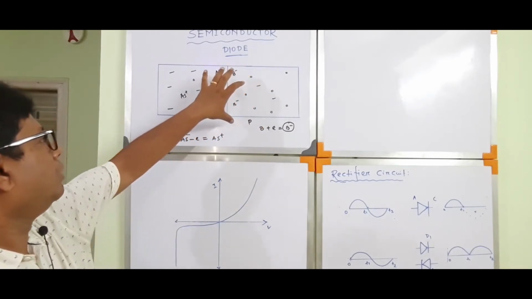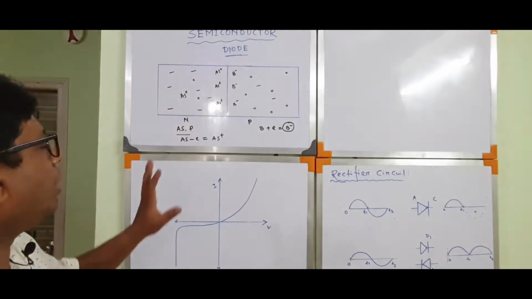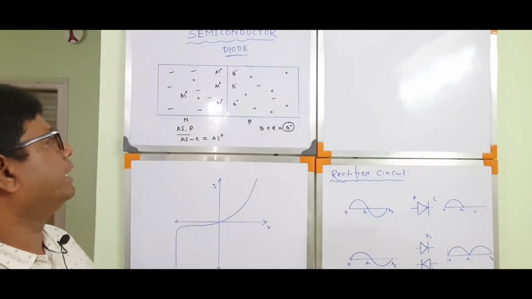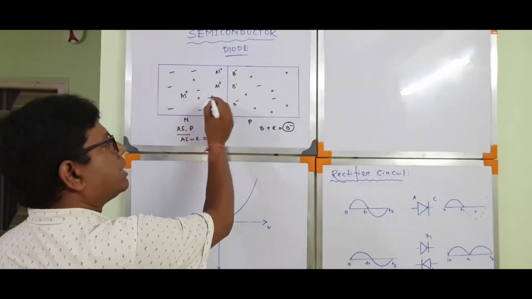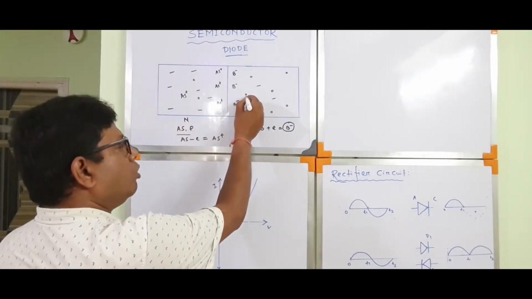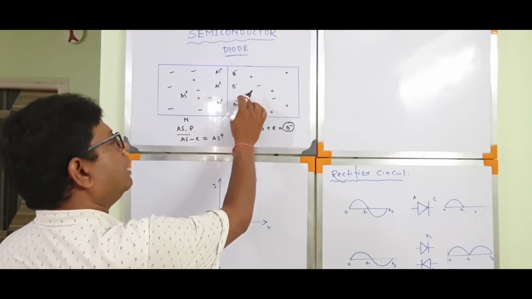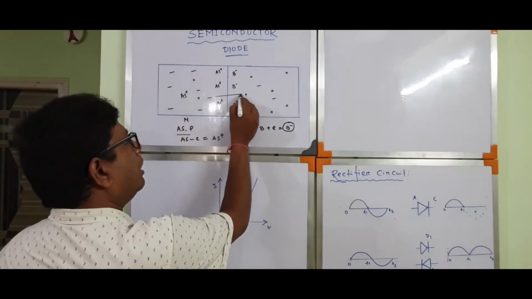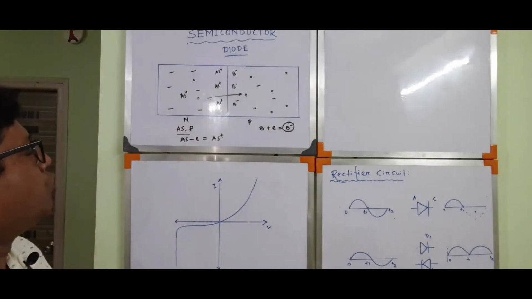If you connect these two types of semiconductor side by side without giving any biasing voltage, initially the electrons, which are mobile charge carriers, and the holes, which are also mobile charge carriers, can move from one side to another. After a few moments they recombine with each other and ultimately become neutral.